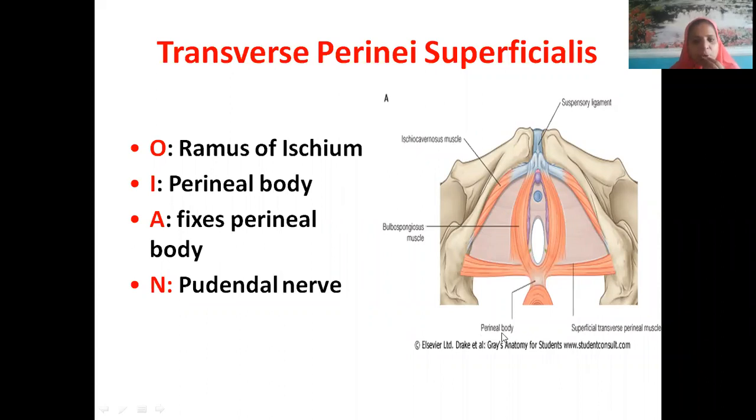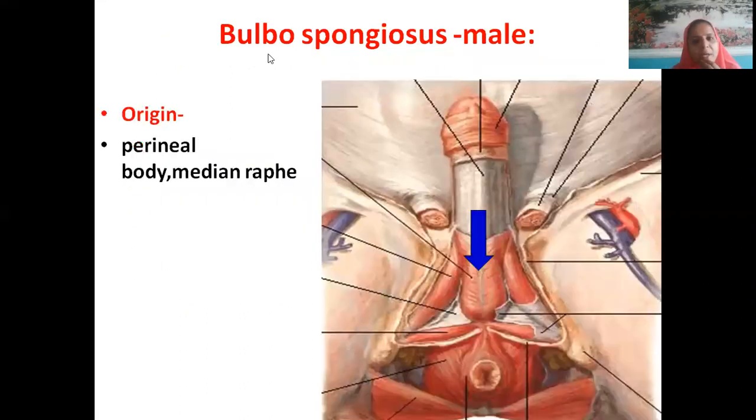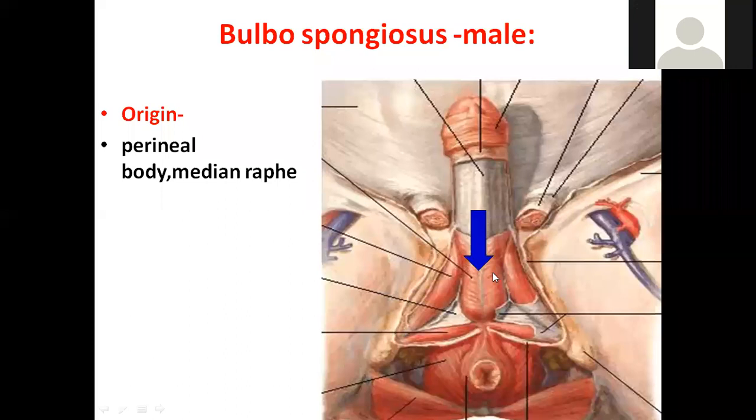What is the name of this point? Perineal body. Very good. Action is it fixes the perineal body. It holds the perineal body. It is supplied by the pudendal nerve or perineal branch, same thing. Okay, you need not worry. We will elaborate again. Then this is bulbospongiosus, in both males and females, of course very well developed in males.